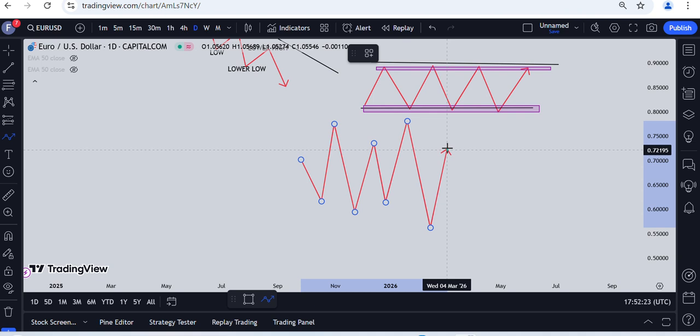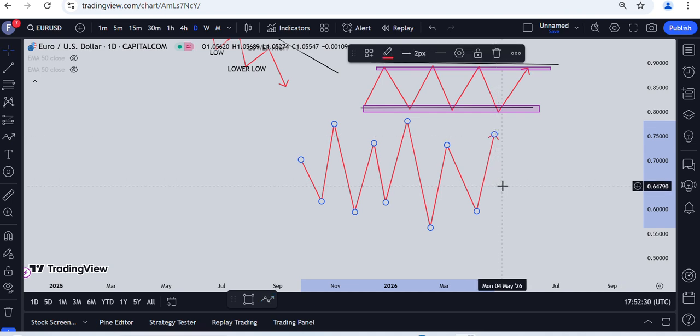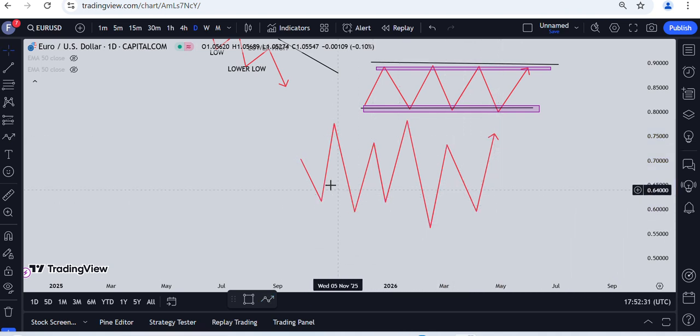But if you don't see consecutive higher highs and higher lows, you don't take the trade. Something like this is really confusing because you don't know what's happening here. When you see a market like this, leave it. You mustn't trade all the time. That's what a lot of people don't understand. You mustn't trade all the time. So you must see a clear picture that price is going up now or price is coming down.